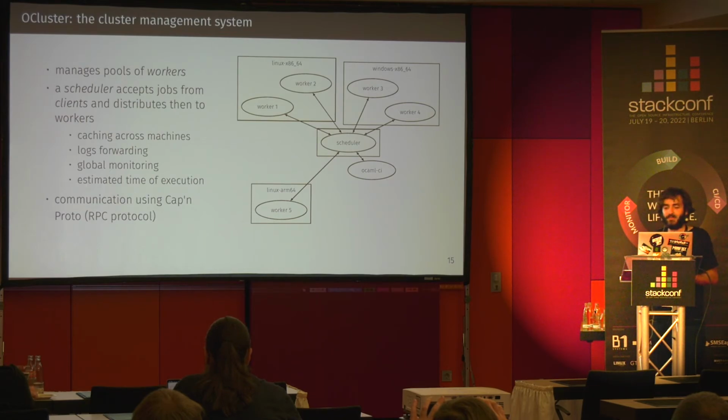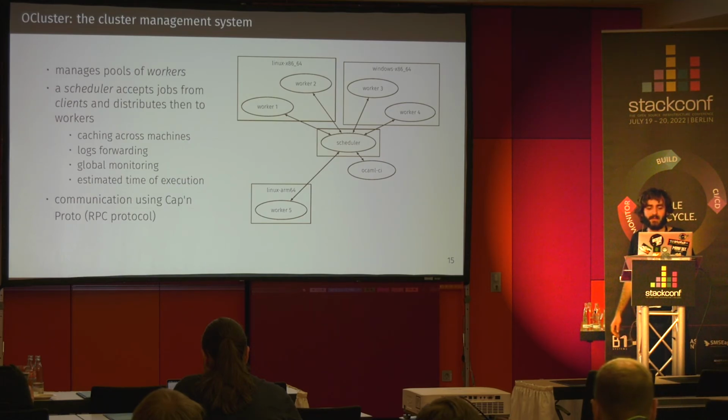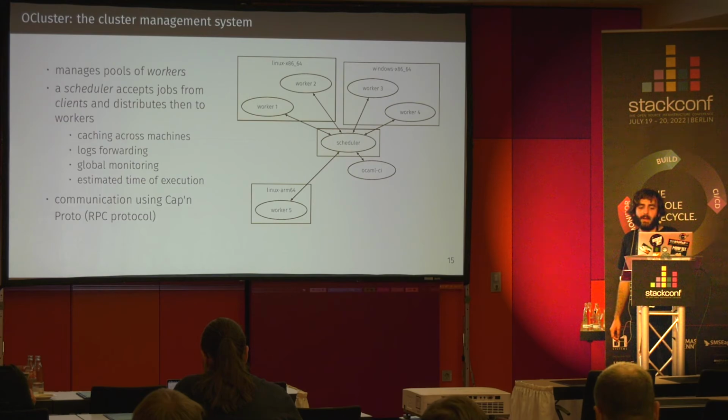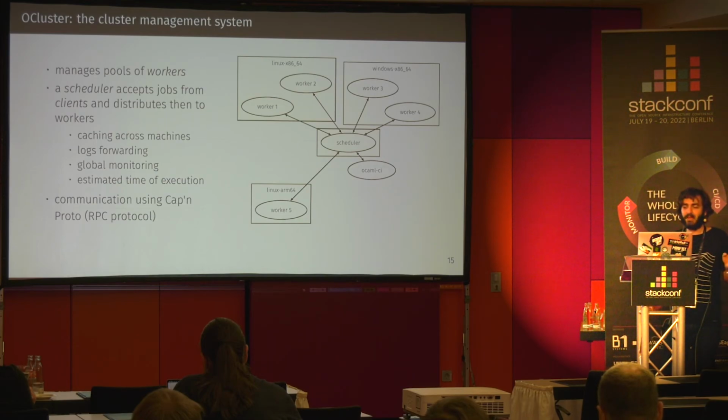We can also see which version is currently executing and provide an estimated time of execution of everything that's running on them. The communication between all of these components is done using Cap'n Proto, which is really good for security and also to make sure that we are not mixing traffic from different nodes that shouldn't be communicating.